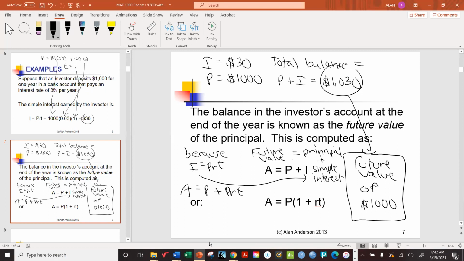And now I can factor out this P, and I end up with this expression. So both of these mean the same thing. Depending on the circumstances, one of them might be easier than the other, but they both represent the same information. They're simply telling us that at the end of the year, our future value will be the original principal plus whatever we've earned in our account during that time in interest.